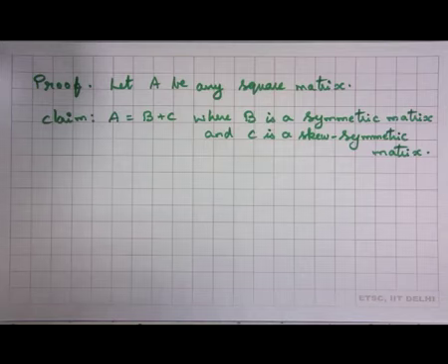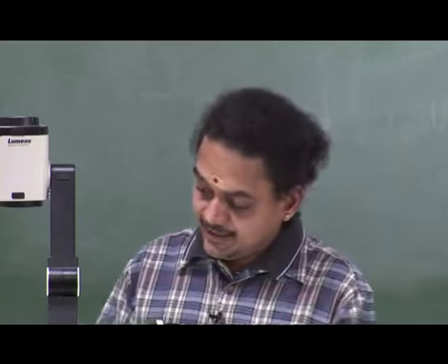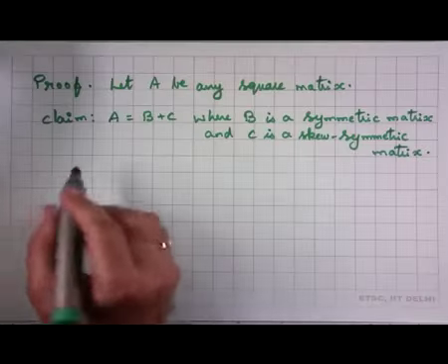I should write A as B plus C, where B is a symmetric matrix and C is a skew symmetric matrix, fine. How to do that?